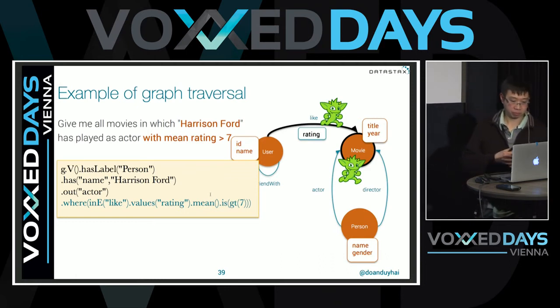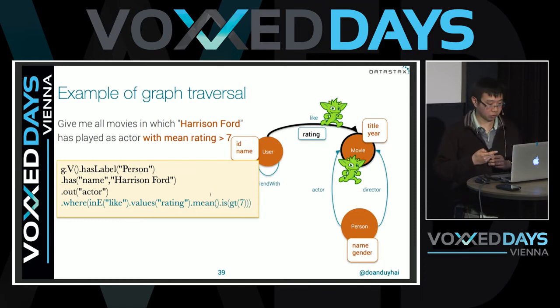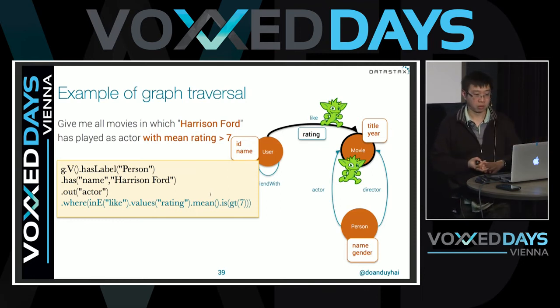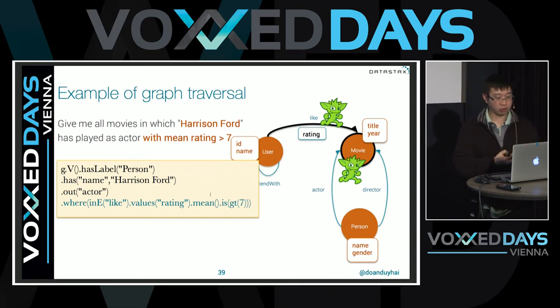So this is a little bit more complex example. And in fact, you can see that with Gremlin, you are navigating visually from one edge or vertex to another one. You are describing your navigation in the graph.